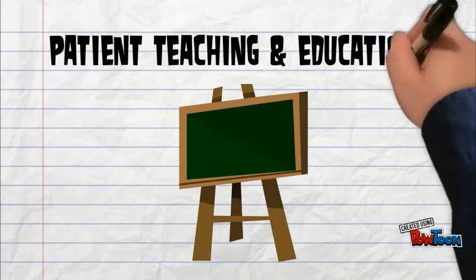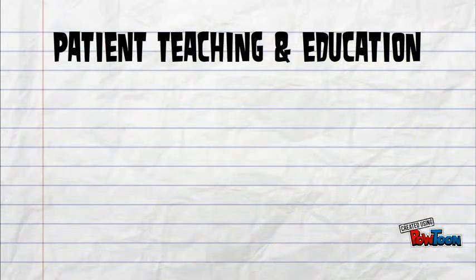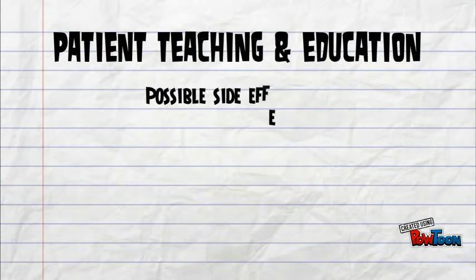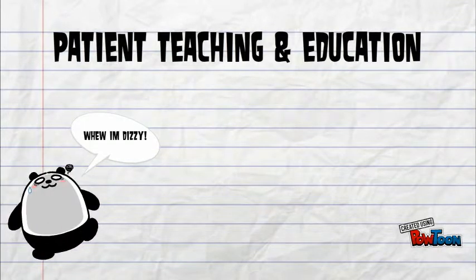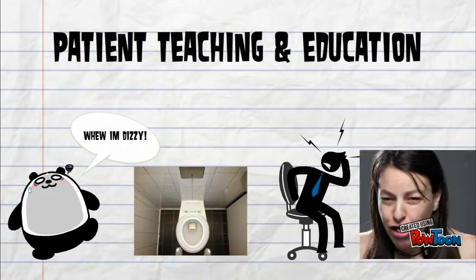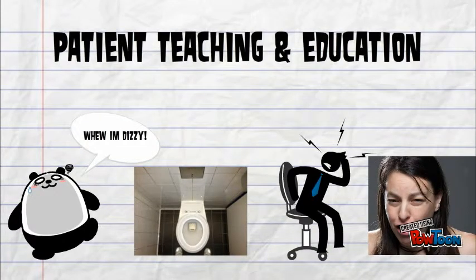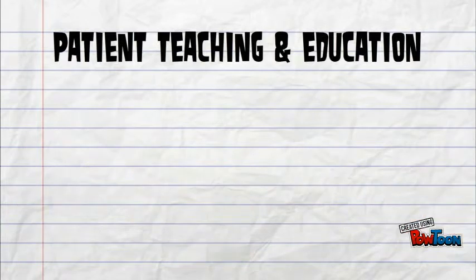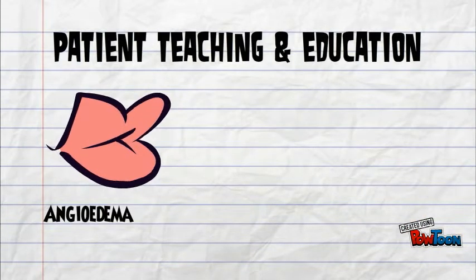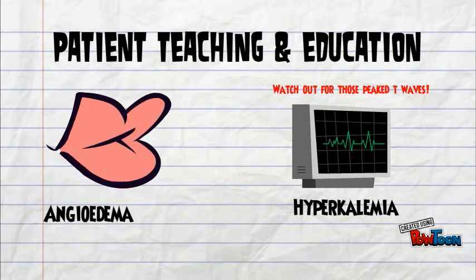Patient teaching and education. As a nurse, we would want to teach our patient about side effects associated with our medication. With ACE inhibitors, patients might experience orthostatic hypotension, polyuria, headache, a dry cough, or more severe reactions such as angioedema or hyperkalemia.